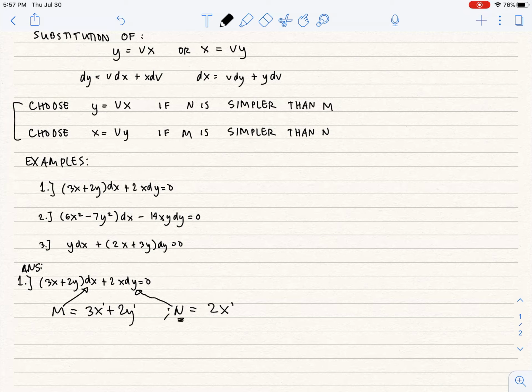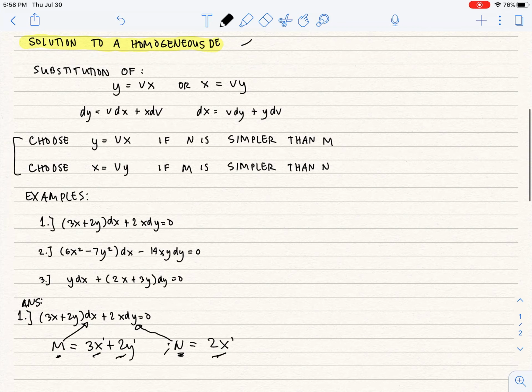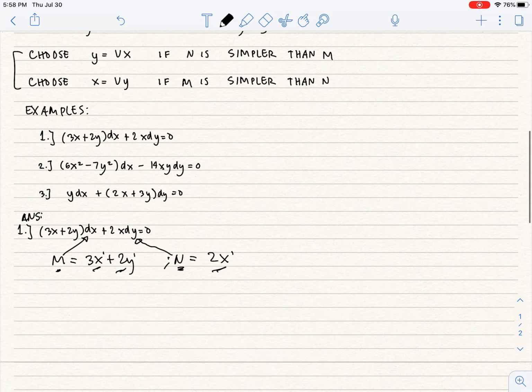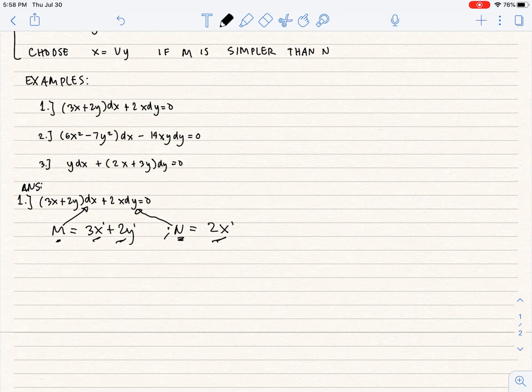Simpler means it looks less complicated, compared to this. One term is simpler than a two-term polynomial. So therefore, we choose the substitution y equals vx. Okay?